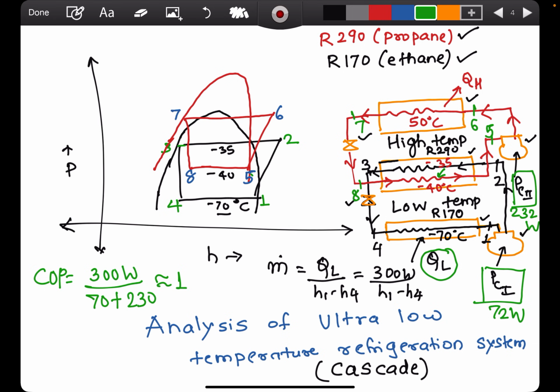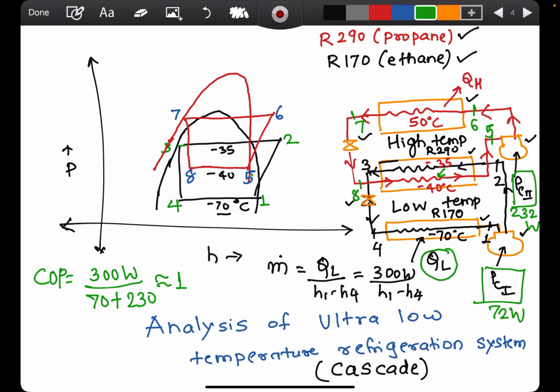So this is how we analyze the ultra low temperature refrigeration system. And what is important is two things. One is that you are referring to two pressure enthalpy diagrams for getting the properties, that is getting the enthalpies.